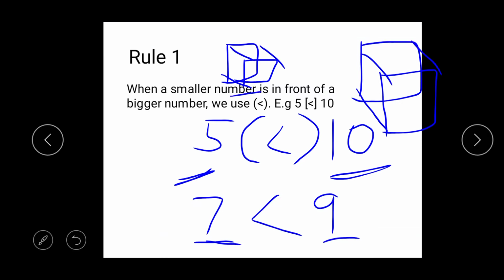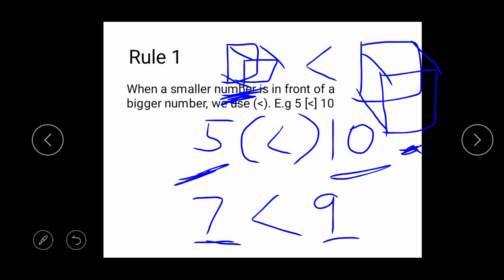This box is smaller than this box because this one is bigger. Since the smaller box is in front, we can say this box is less than this box. This one is small and this one is big. The same thing applies to numbers. When you see a smaller number in front of a bigger number, you say it is less than.